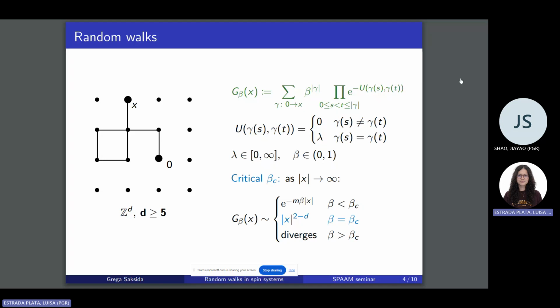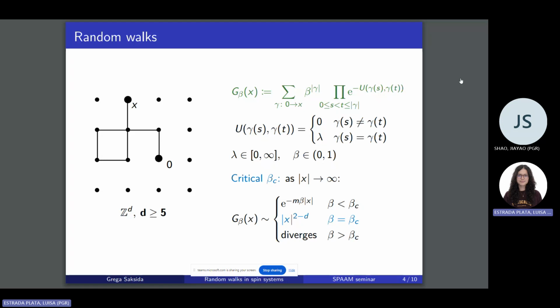So at the intersection, we get a factor of e to the power of minus lambda, which is less than 1. And we take this product over all the possible time pair combinations, right? So at the end, for every single self-intersection of the walk, we will get a weight of e to the power of minus lambda. In this case, we have one self-intersection, so we'll add e to the power of minus lambda here.